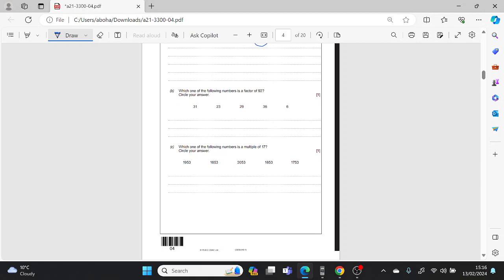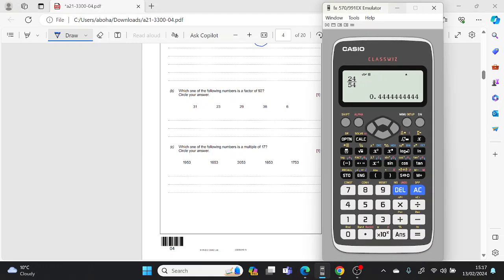Which of the following numbers is a factor of 92? Circle your answer. Now another good trick again with this is just simply take your calculator, 92 divided by, let's say the first number, 31, equals. The answer is 2.96. To be a factor, it would be a whole number answer.